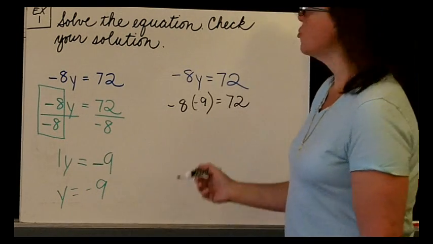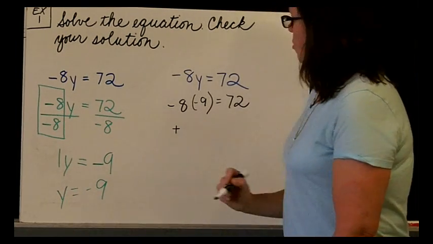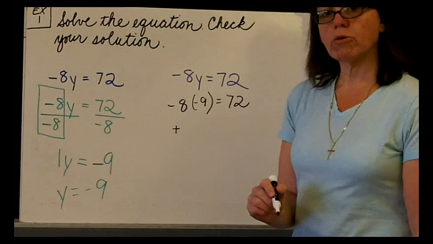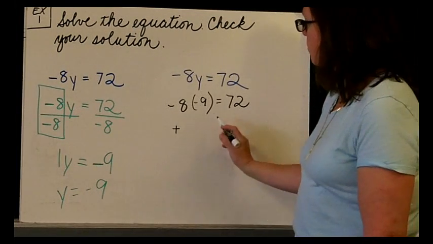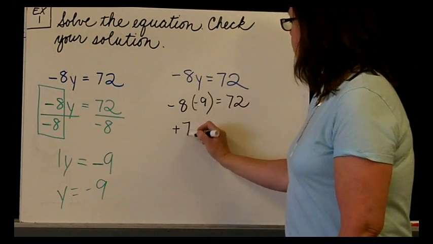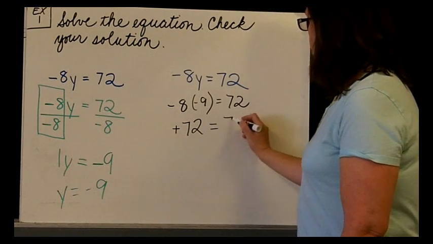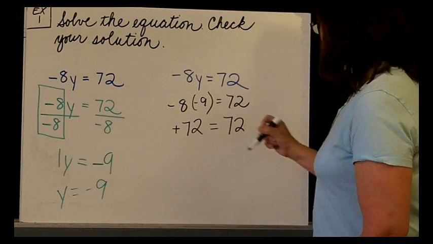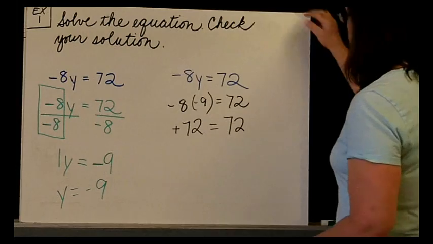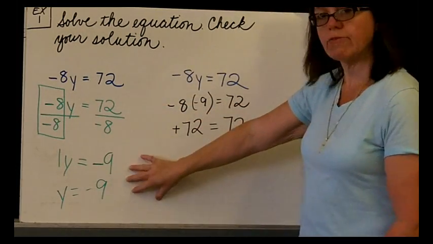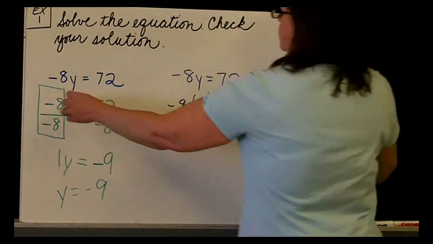I remember my integer rules that when you are multiplying two negative numbers, your product is positive. 8 times 9 is 72. 72 does in fact equal 72. So we have proven that -9 is the solution.